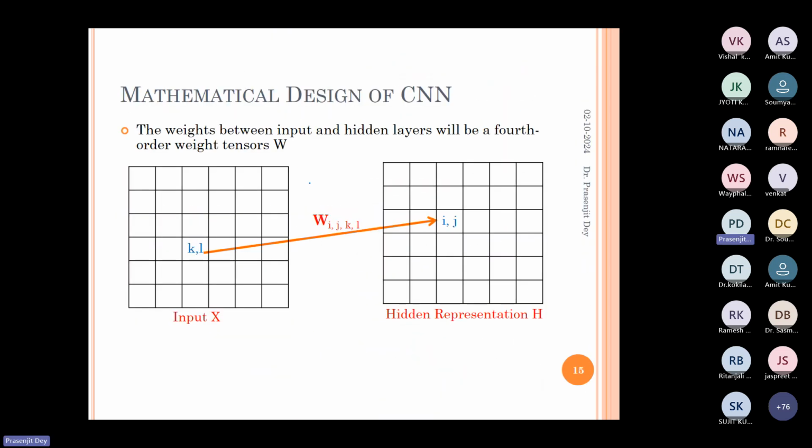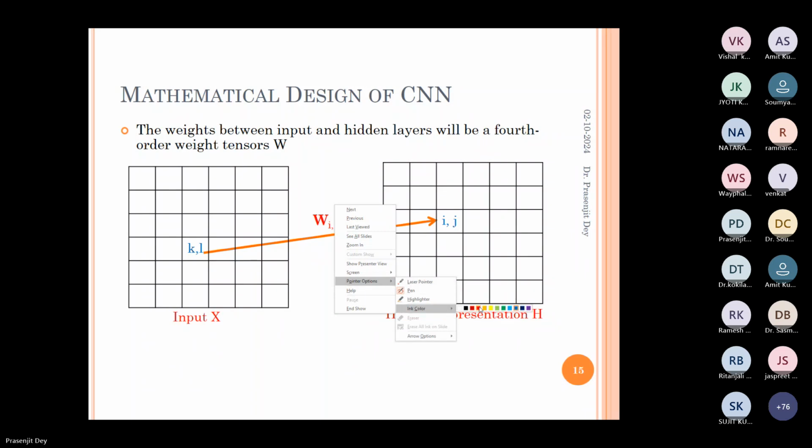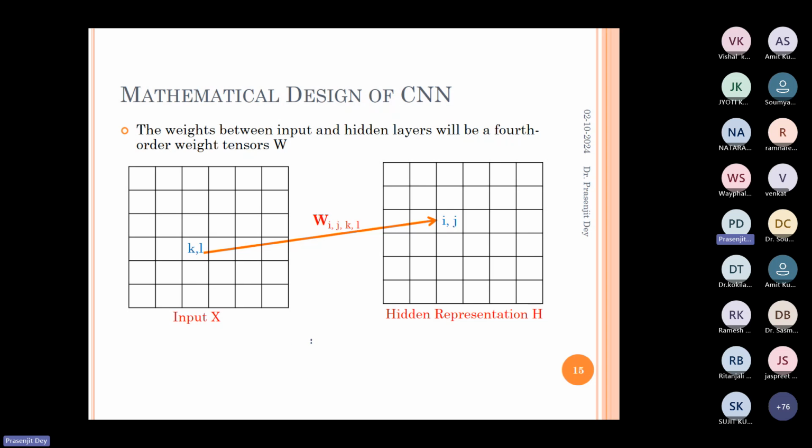I am not going into the mathematical detail, but in simple terms, in a normal MLP there is an input layer with multiple nodes, which are basically input values.